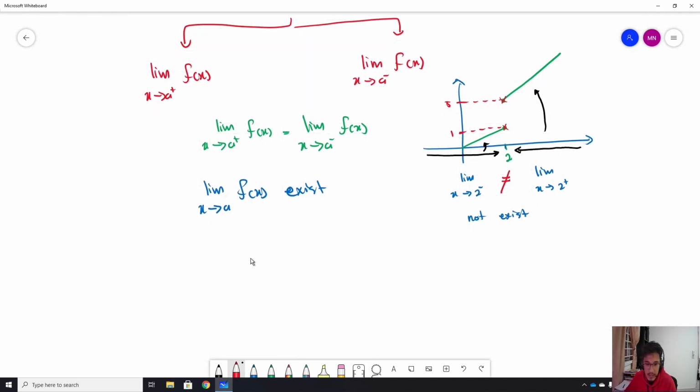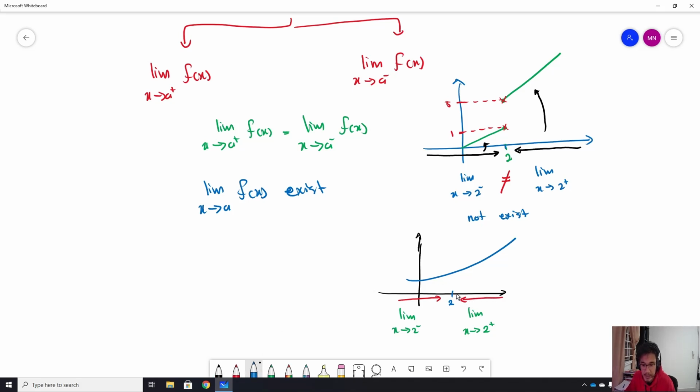Okay, contoh kalau graf itu exist, contohnya adalah kalau graf macam ni 2. So this is limit x is approaching 2 from the right, and this is limit x is approaching 2 from the left. So ini coming from the left and coming from the right.